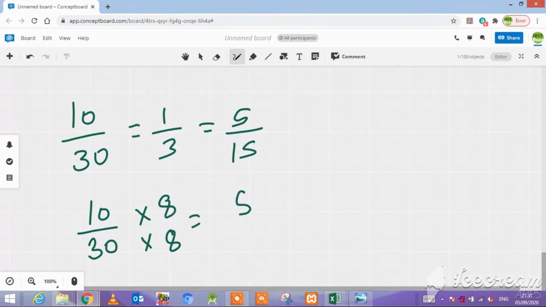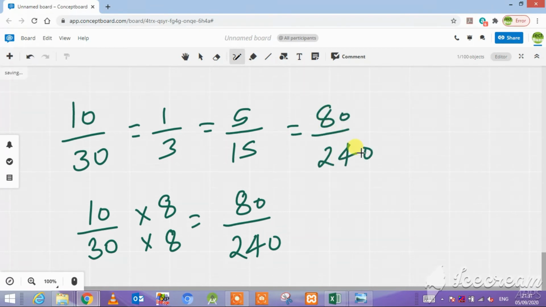So it will be 80, and 8 3s are 24, so it will be 240. So 80 upon 240 will also be an equivalent fraction of 10 upon 30. And you can recheck your answer: you got 80 upon 240.